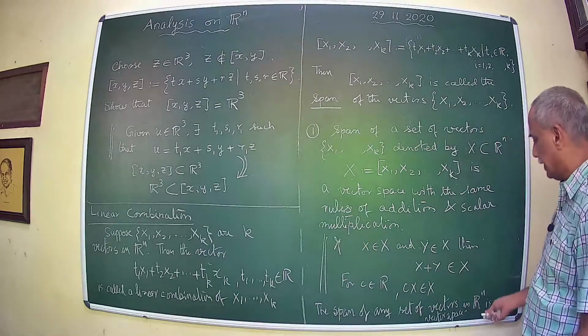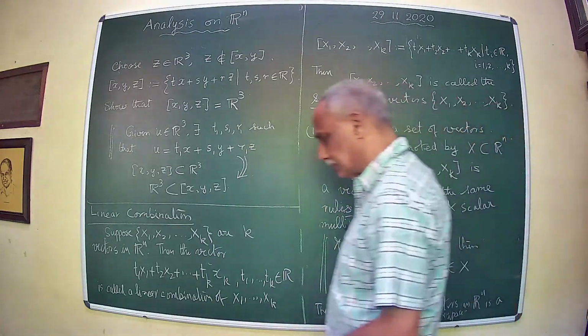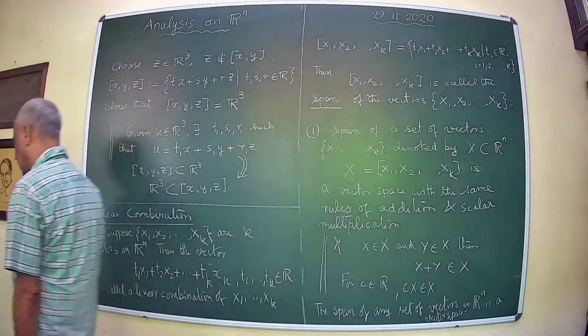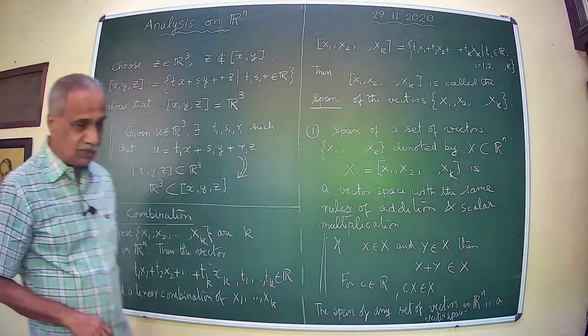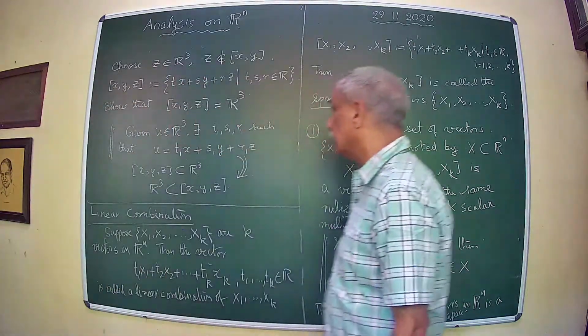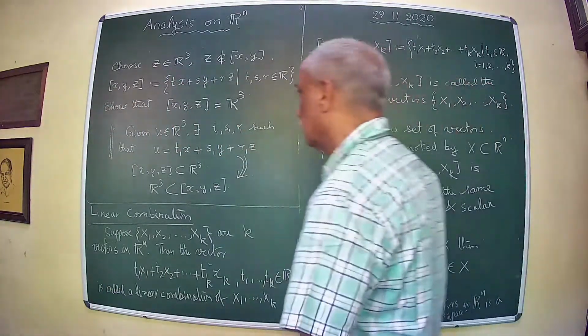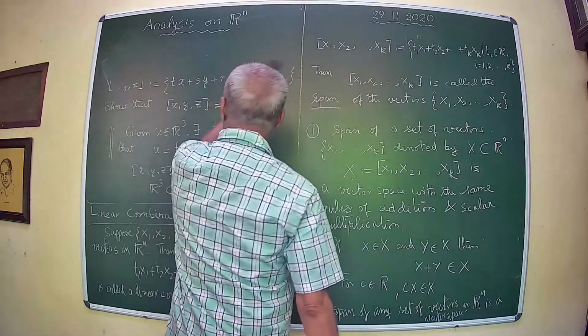And you see that span is generally a subset of Rn. It is also a vector space in its own right, therefore you call it a subspace. Okay?